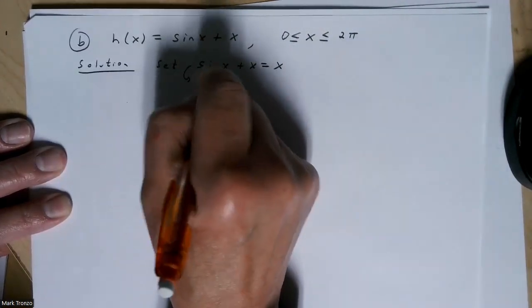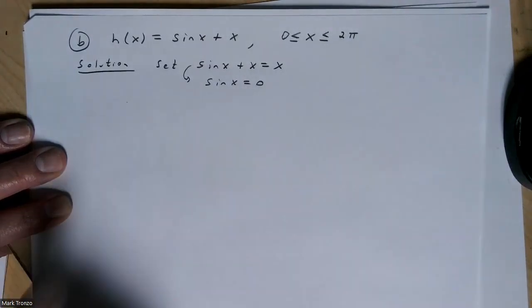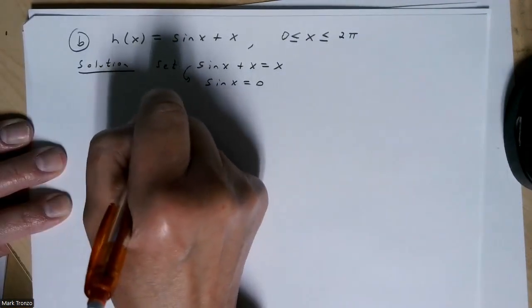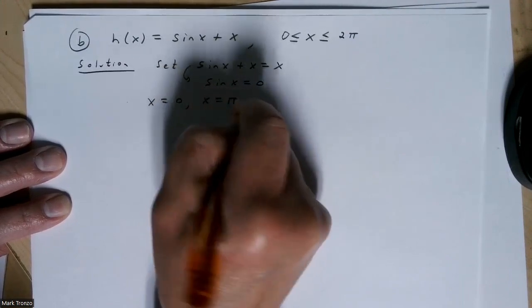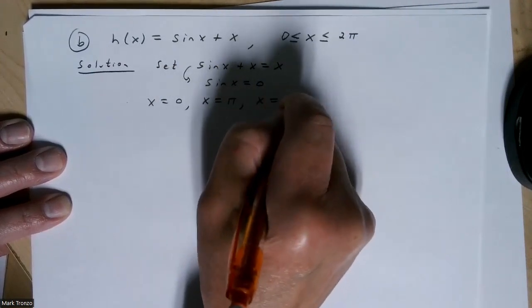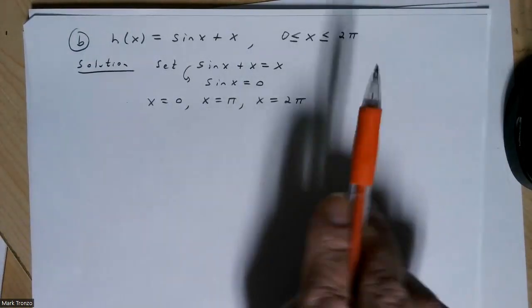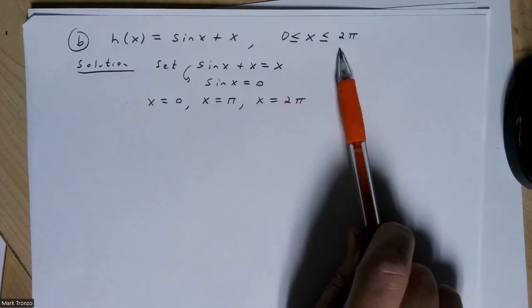And then this is going to be sine of x is 0. And of course, the things that are going to solve this are going to be what? X equals 0, x equal pi, x equal 2 pi. That's why I limited this here, because we'd have an infinite number of solutions if we didn't limit this.